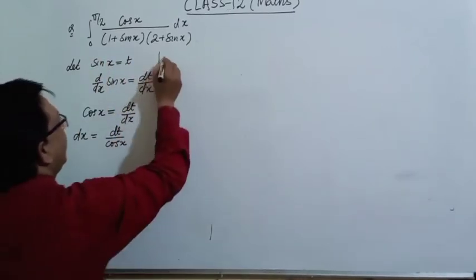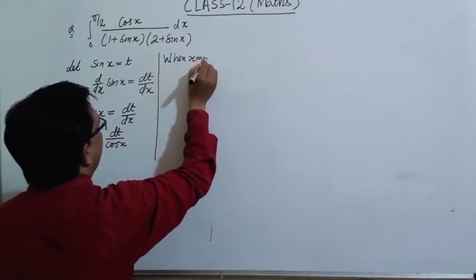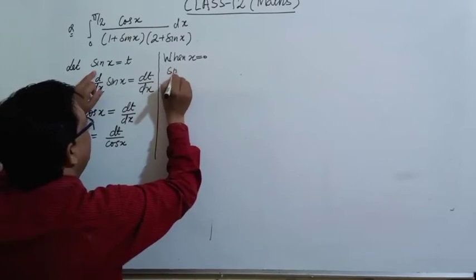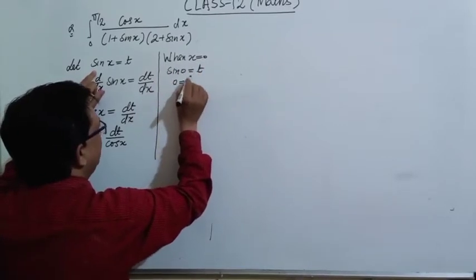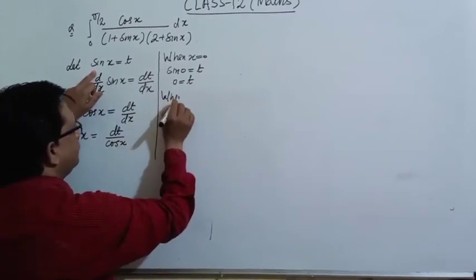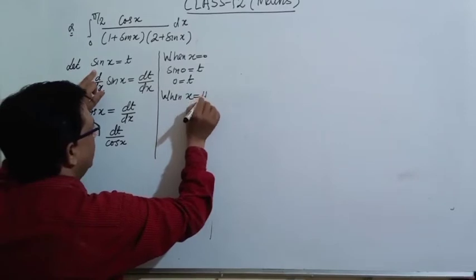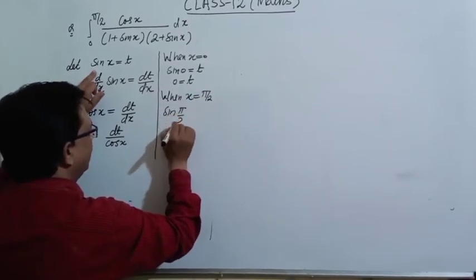So when x is equal to 0, here we put 0, sin 0 is equal to t, and the value of sin 0 is 0, so t is equal to 0. When x is equal to pi by 2, we get sin pi by 2 is equal to t.